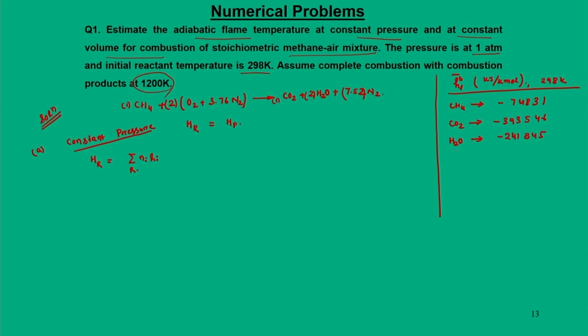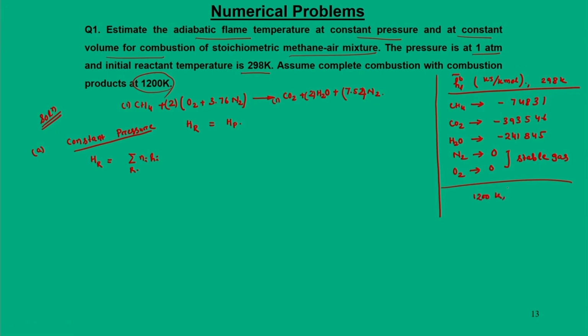Then we have others like N2, which is 0 because they are stable gases. Since they are stable gases at the conditions of 1 atmosphere and 298 Kelvin, they can be assigned as 0.